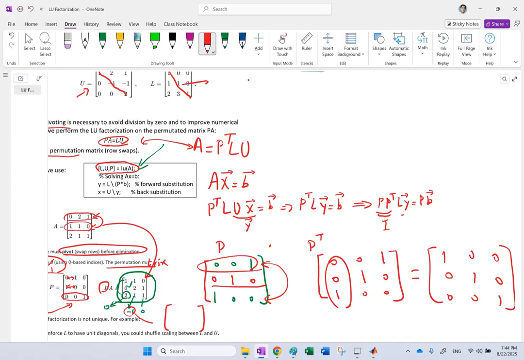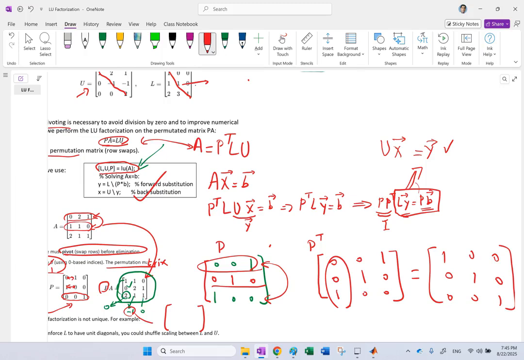So there we go. You have L times Y equals P times B. And here I can easily use a substitution, forward substitution, to solve for Y. Right? Because I'm solving basically this. And once I have Y, now this is equal to U times X. And now I use backward substitution and solve for X, which is exactly what you can see here.